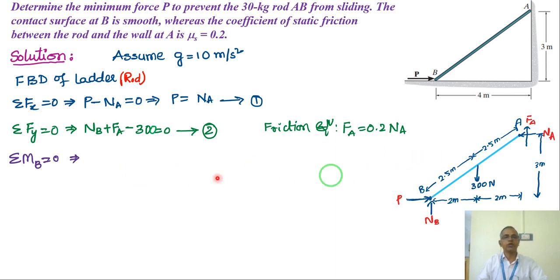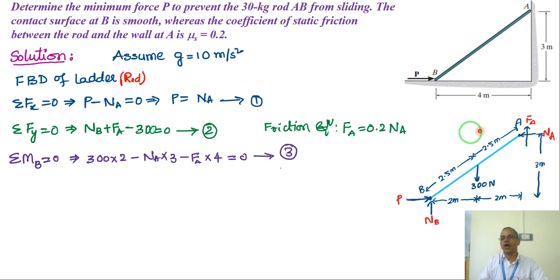So let us write down MB. So 300 into 2, which is clockwise, and NA into this distance, which is anti-clockwise, which is 3. So NA into 3. Friction force F into this distance, which is 4 meter, equal to 0.